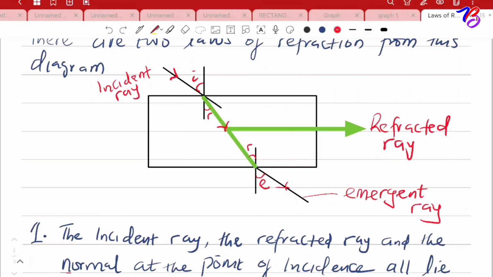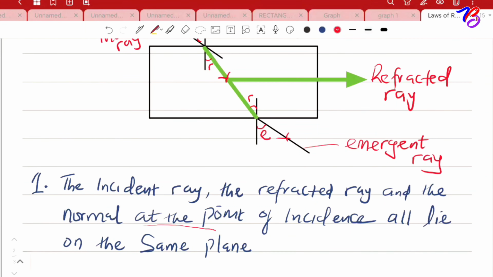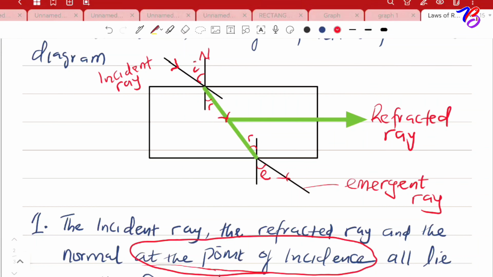And the normal. You can see that line that is perpendicular to the surface or interface of the glass prism at the edge. That's our normal. These three all lie on the same plane at the point of incidence.